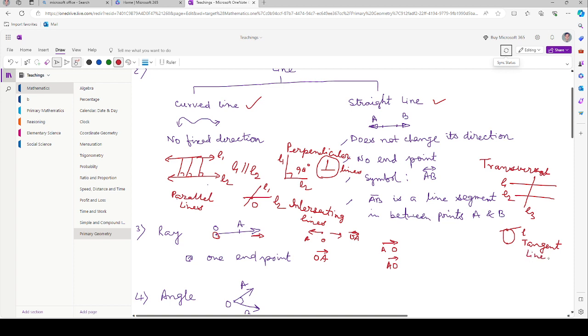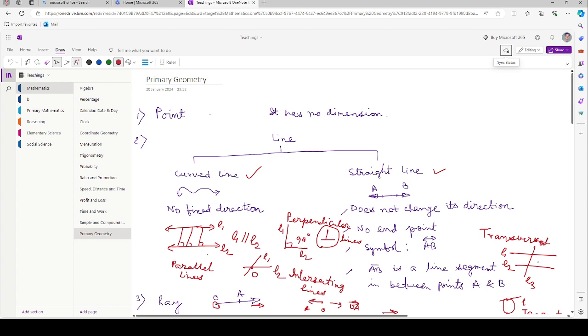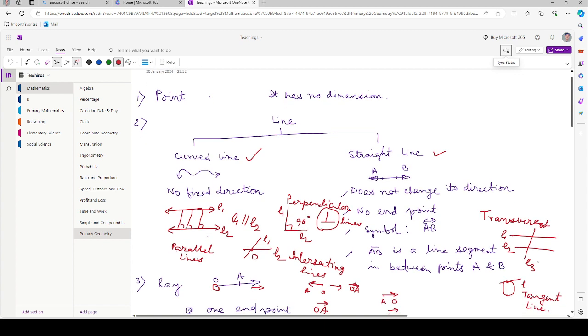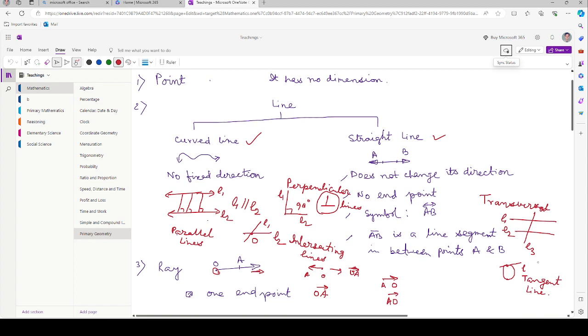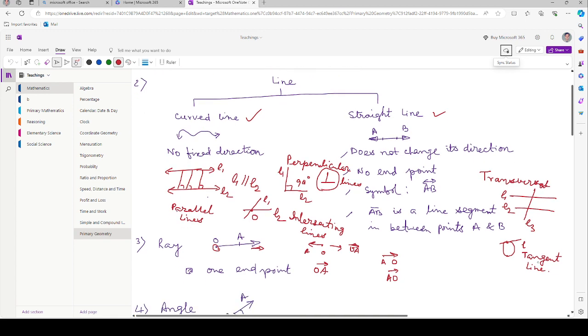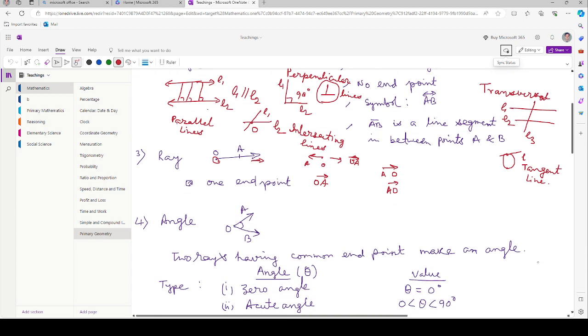There are so many other lines also, but we have to consider these types of lines according to our necessity. Okay. So we understand what is point, different types of lines, ray.